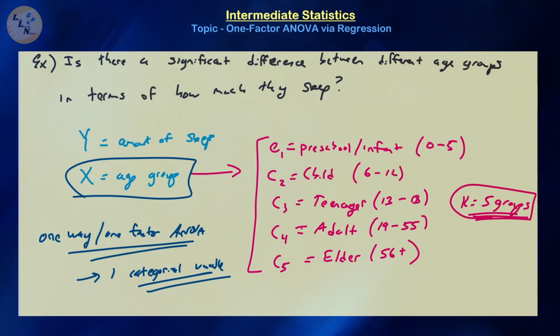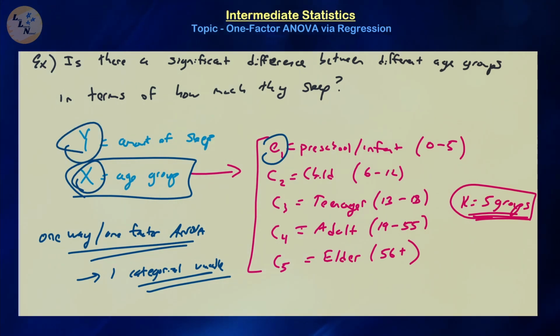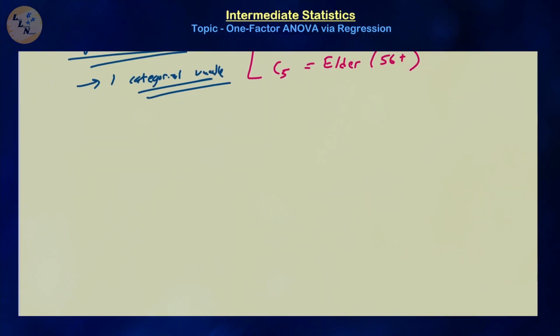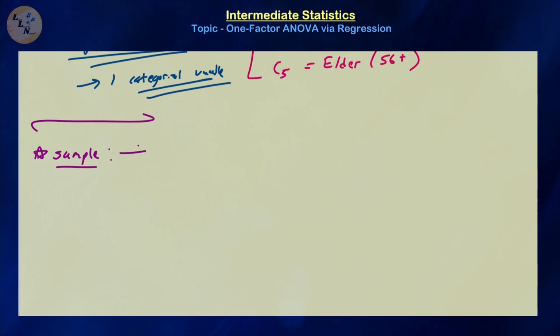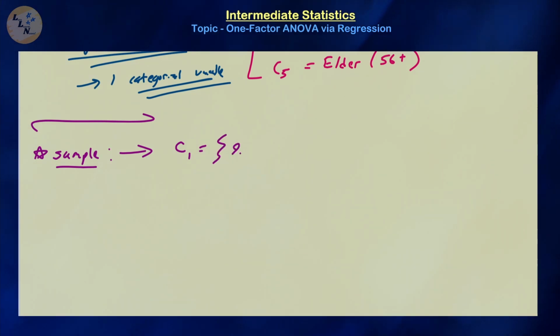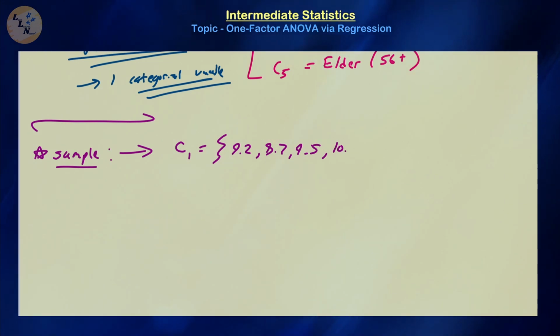All right, so now that we have each of these categories defined for our categorical variable x, now we're going to collect the y values associated to each of these categories, ideally as much as possible. So now we're going to go out and gather our sample. And let's assume that our sample has the following structure. So our sample from category 1, let's assume is going to be 9.2, 8.7, 9.5, 10.2, 8.4.